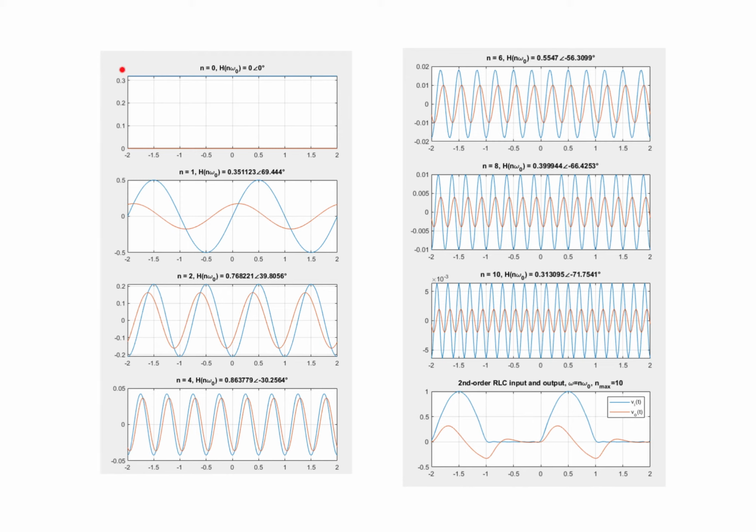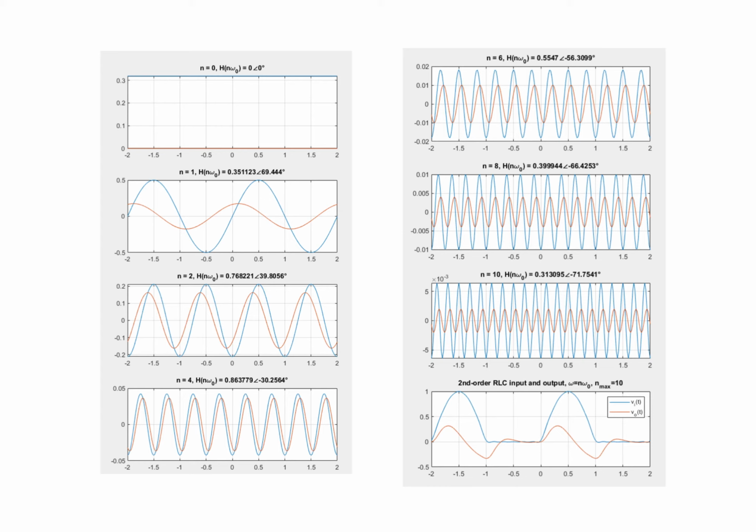Here we have an input of just over 3 volts, but since its phasor gets multiplied by H equals 0, there is no DC component in the output. So in the steady state, our circuit is blocking the DC, as we would expect due to the reactive elements.